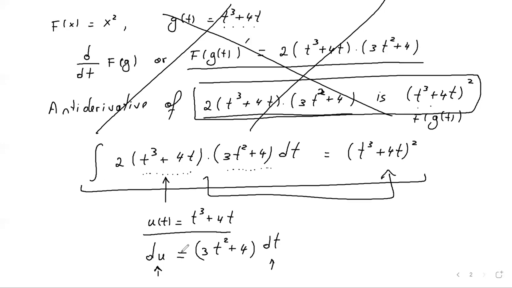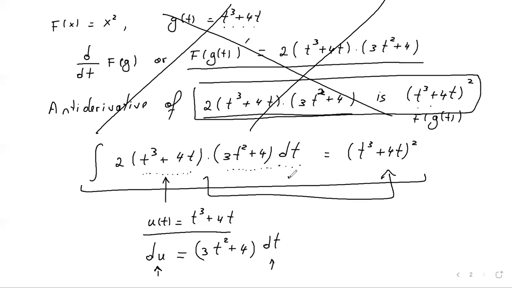So we make a substitution in the initial integral, which means we intelligently replace all the t formulas by u formulas, where t cubed plus 4t gets replaced by u, and 3t squared plus 4 dt, the whole thing at the end that I circled with my pen, is replaced by du.